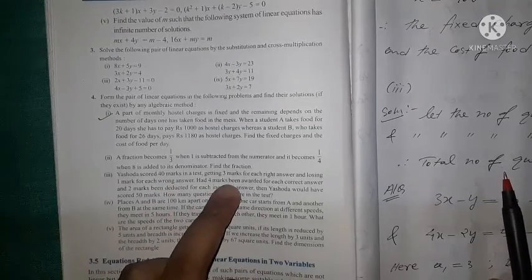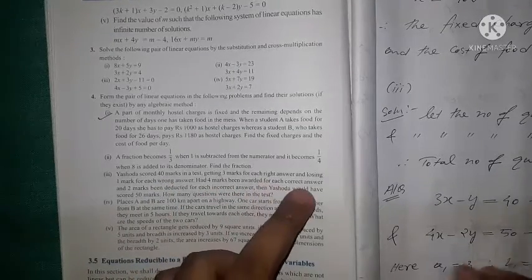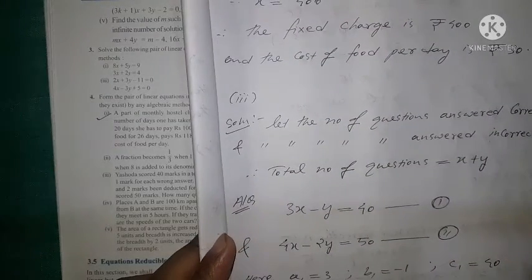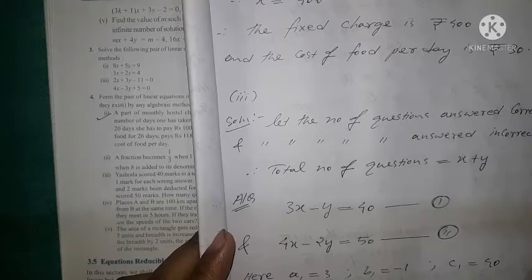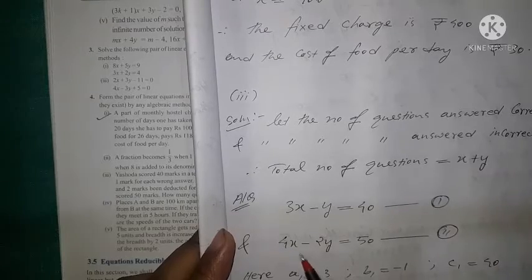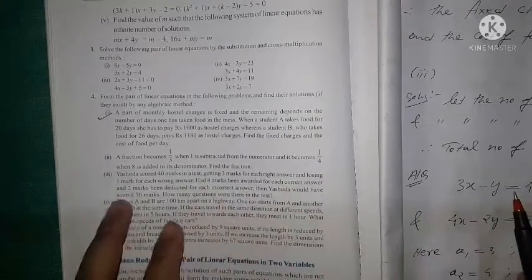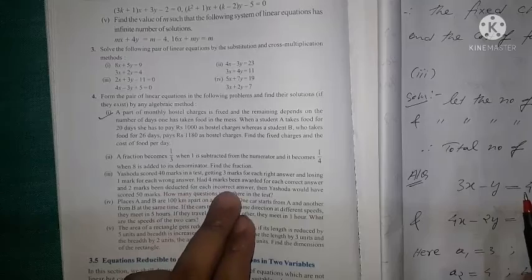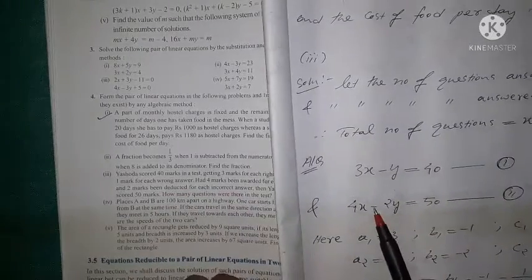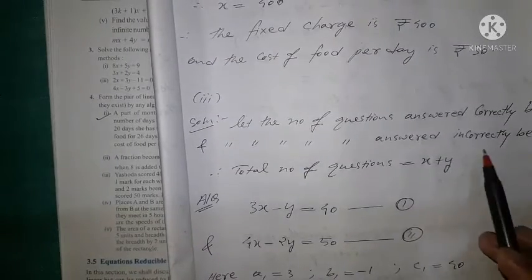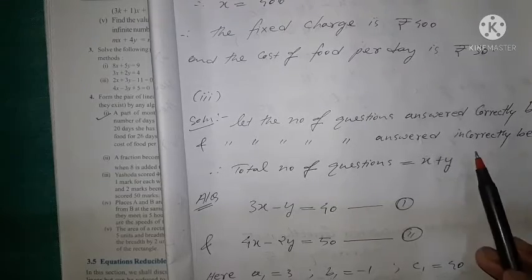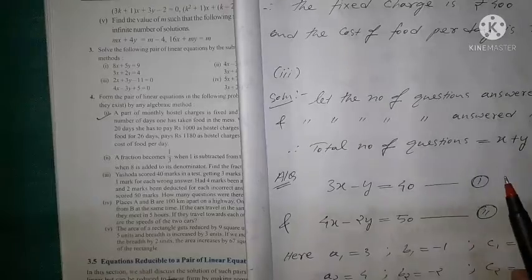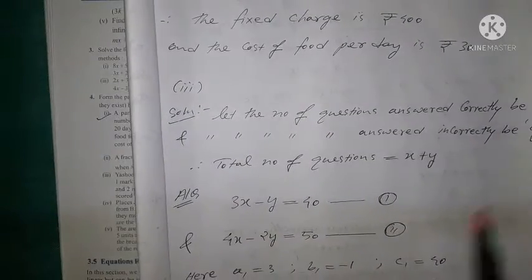Again, had 4 marks been awarded for each correct answer, with x correct answers, that is 4x. And 2 marks been deducted for each incorrect answer, with y incorrect answers in total and 2 marks deducted for each, it becomes 2y.